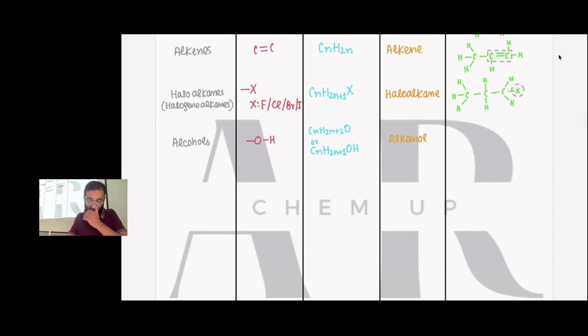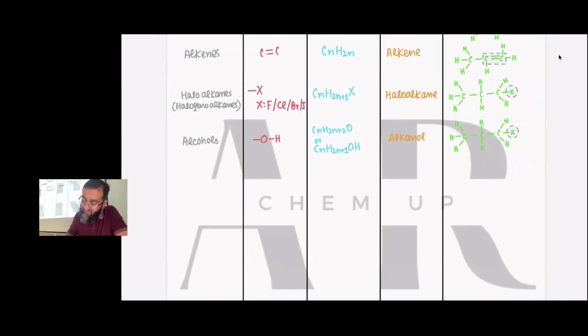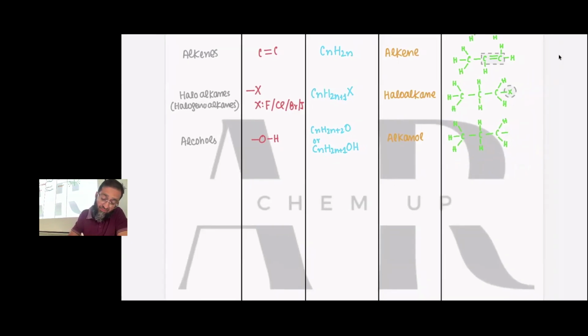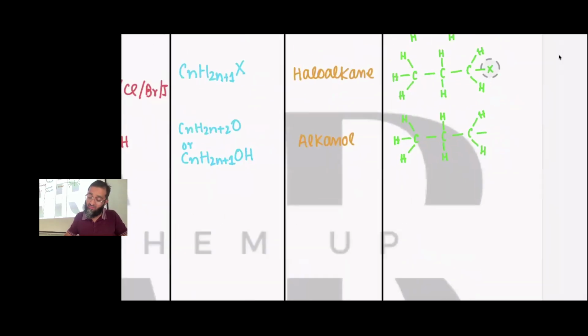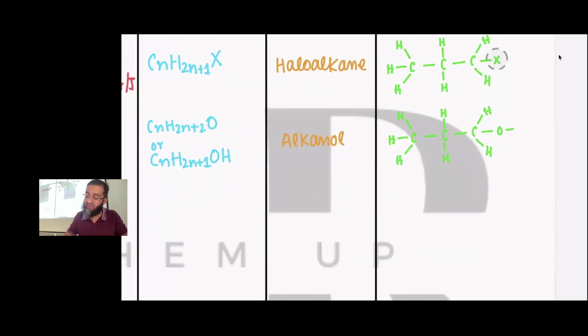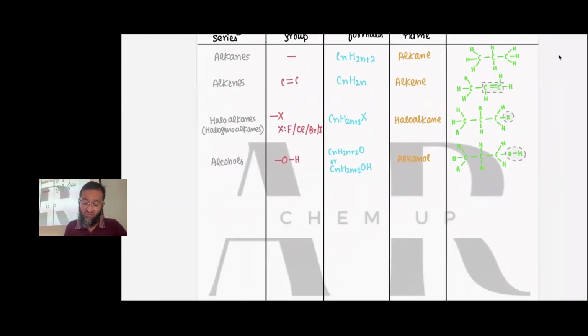So if I want to draw the structure, I will take this whole thing. So the whole structure must contain an OH group. So that is the hydroxyl functional group, which is alcohol. Yes, is this clear to all of you?